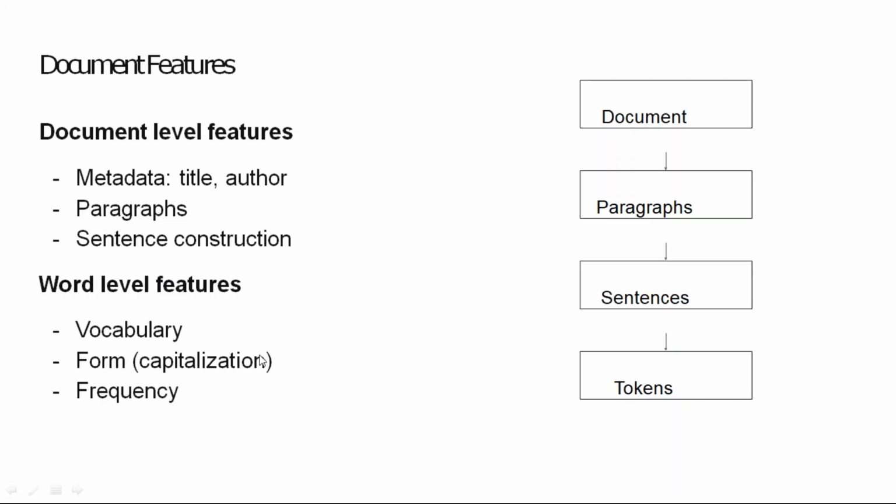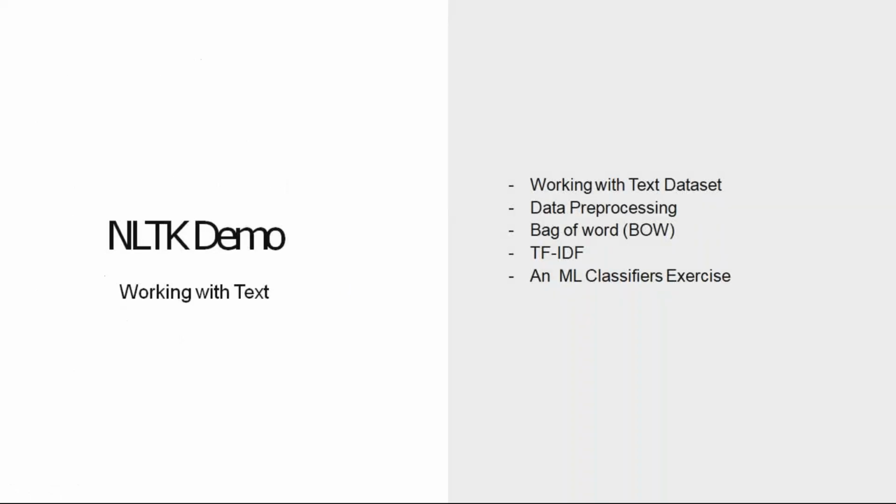So we will use some alias names for tokens. All right, so these two can be considered the most important features for a particular document. But when we are trying to train a particular machine, what kind of features we select is most important, either at the document level or at the word level. So that should be taken into consideration.